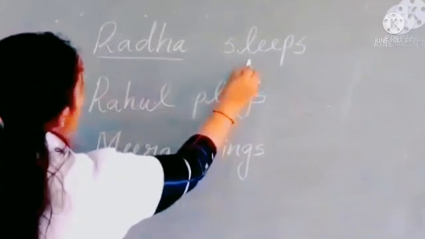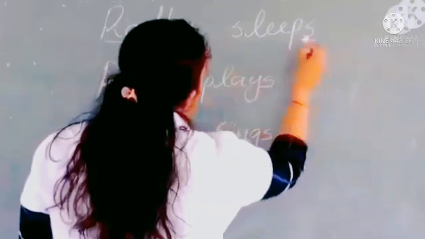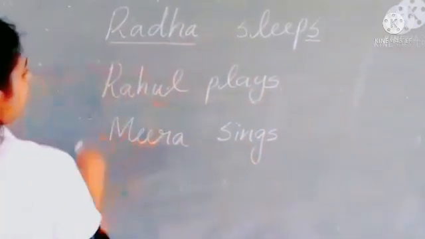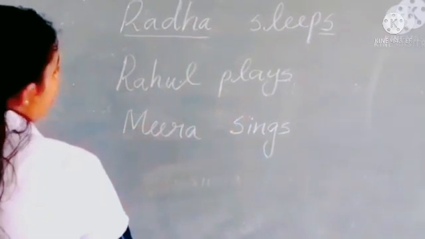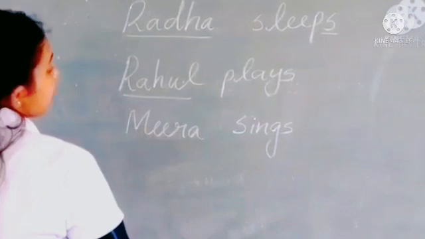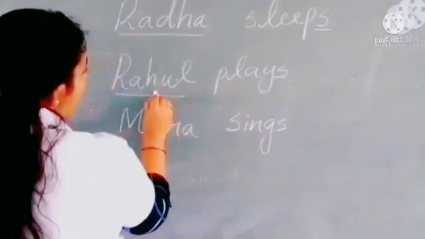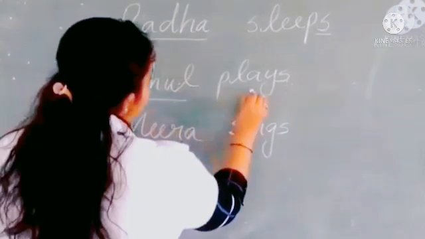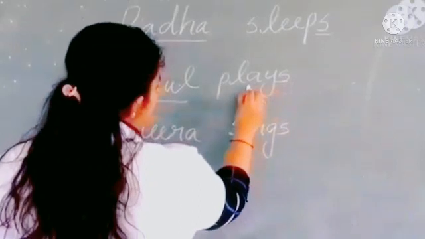So when we use a verb with a proper noun, we need to add s with the verb. And the second one, Rahul plays. Here which is the proper noun? Rahul. Rahul is the proper noun. Here which is the verb? Play is the verb. So with a proper noun, we need to add s with the verb. So here we add s with the play.